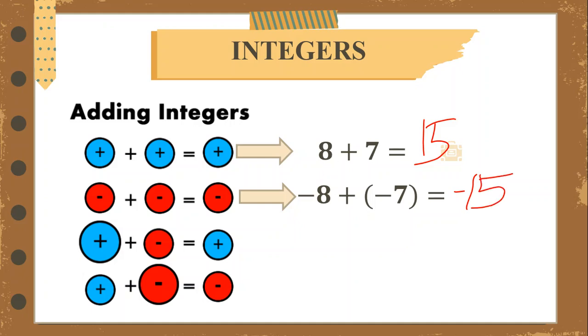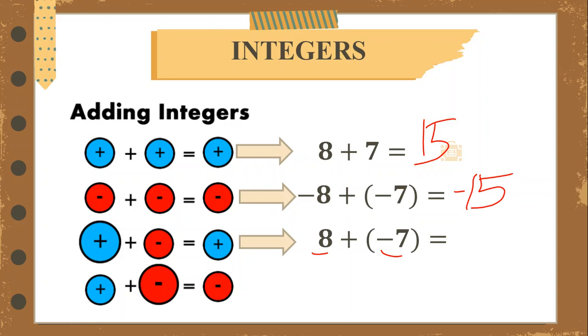So next, positive 8 and negative 7, are they the same or different? Correct, different sign. And whose sign are we going to follow, the positive or the negative?